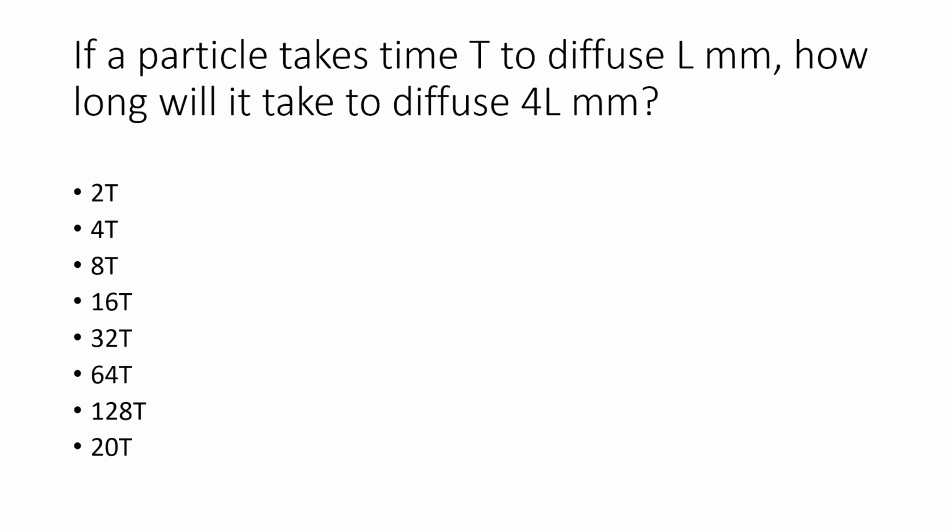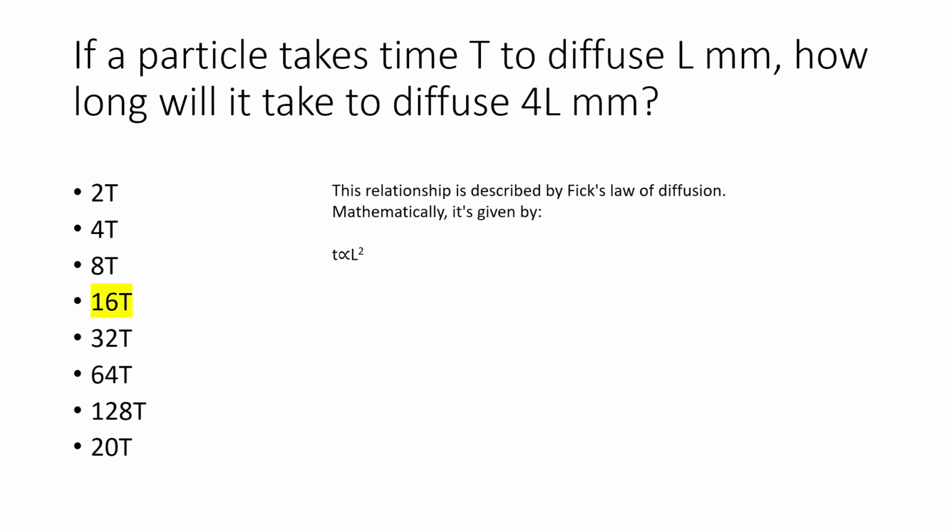That's why, even for small changes of length, the time it takes for these particles to diffuse becomes much larger. This is given by Fick's law, which states that the time it takes for diffusion to happen is directly proportional to the square of the length.